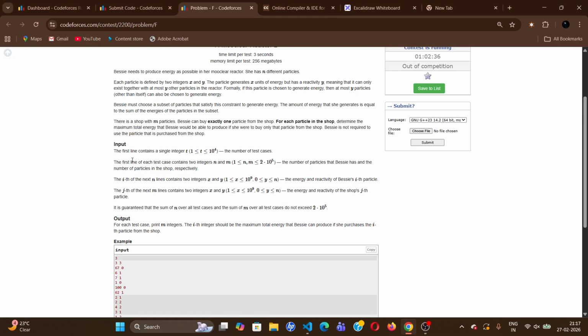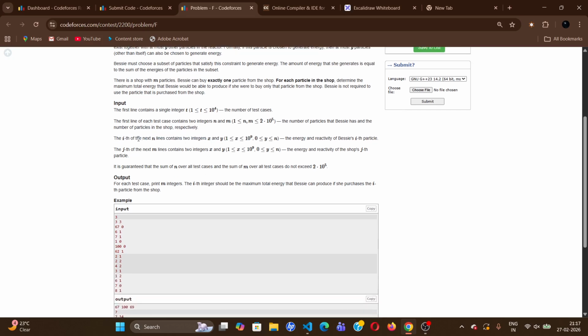Number of particles C has and the number of particles in the shop respectively. Then X and Y, the energy and the reactivity of the ith particle.